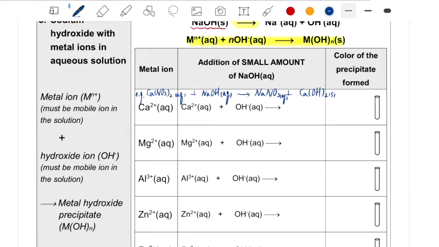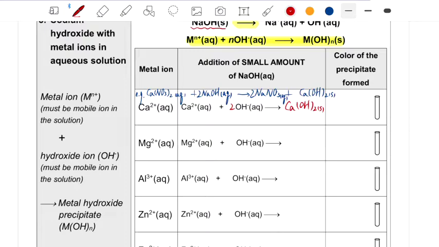Later I will explain why we only put the solid sign here. But let's balance this equation first and turn it into an ionic equation. If we separate the ions and cancel out the spectator ions, we get the ionic equation: 1 calcium ion reacts with 2 hydroxide ions and produces 1 calcium hydroxide precipitate.